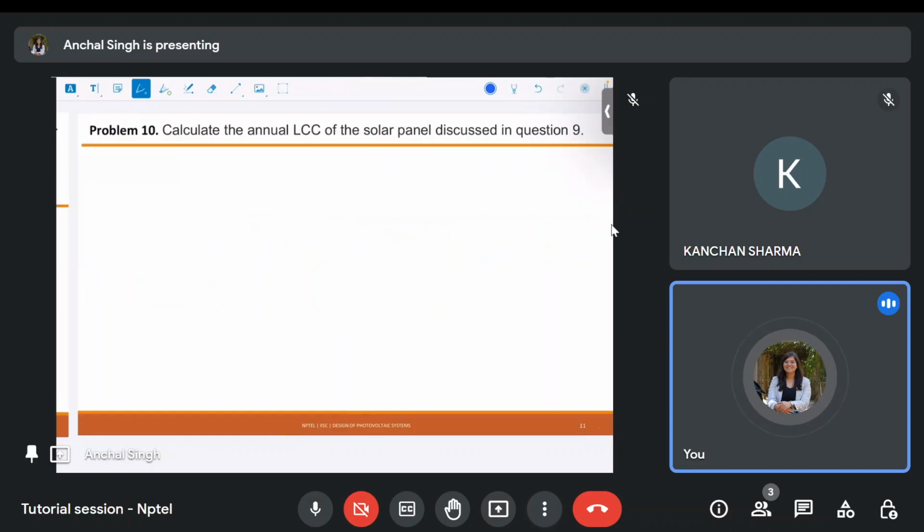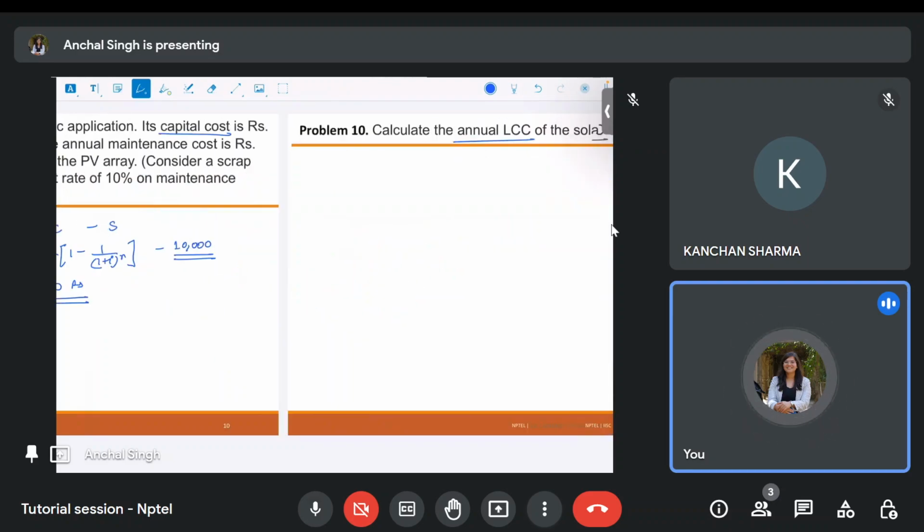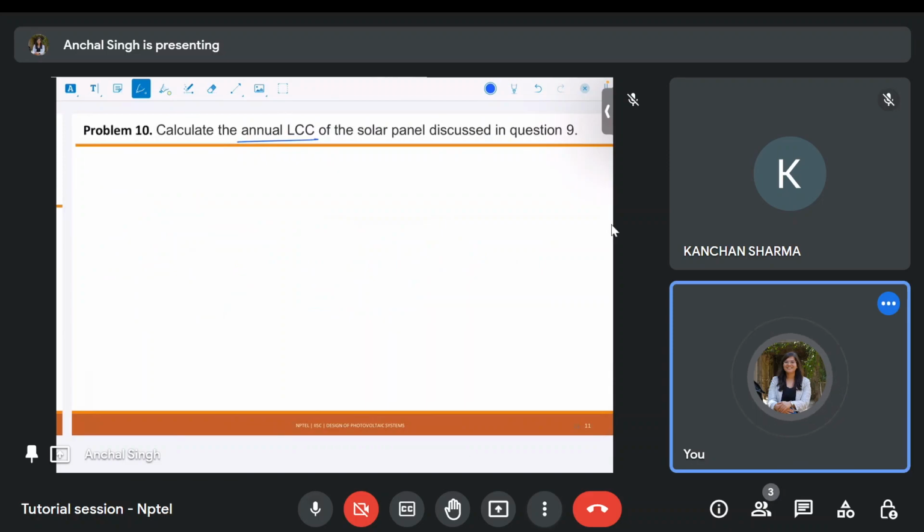Now, in the next problem, they've asked us to calculate the annual life cycle cost of the solar panel discussed in the earlier question. So, if I don't have the life cycle cost amount that I just calculated, 1,47,000, and I have to pay it in installments for the next 30 years, then I know that annual life cycle cost is equal to life cycle cost by present worth factor, right?